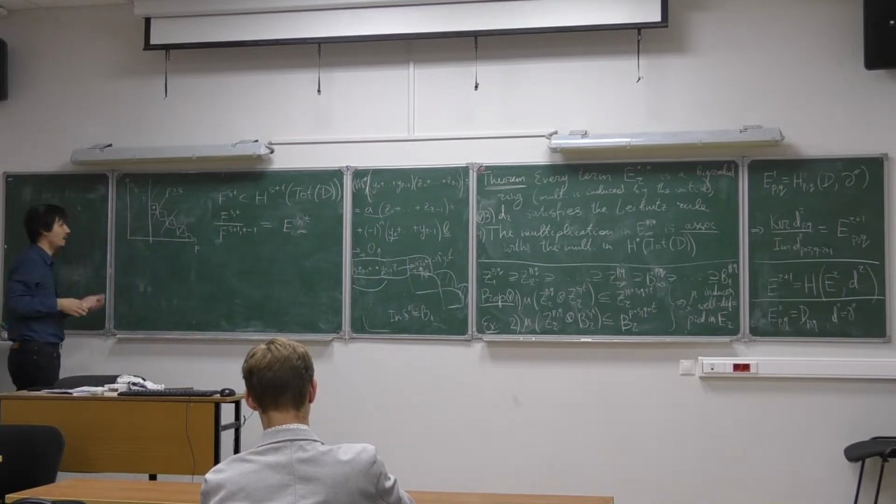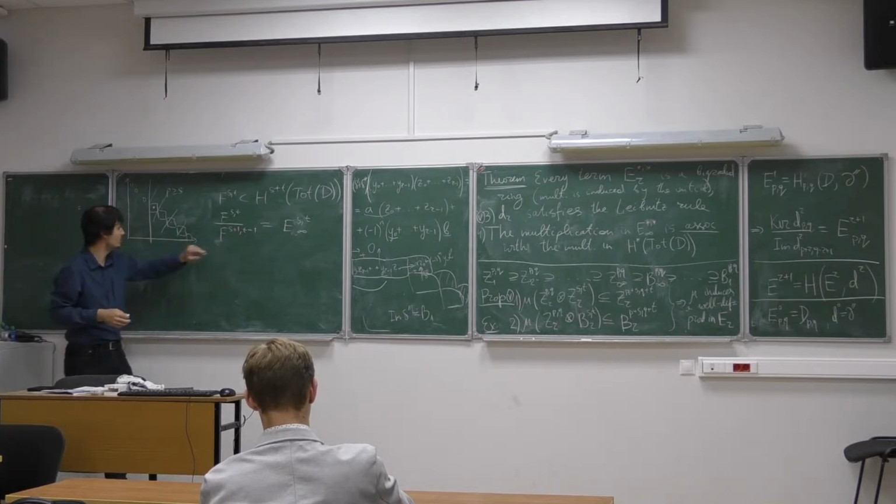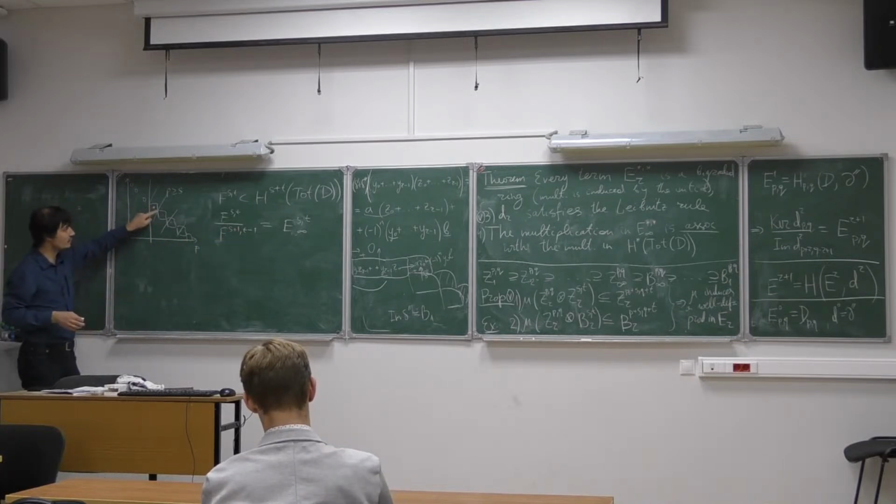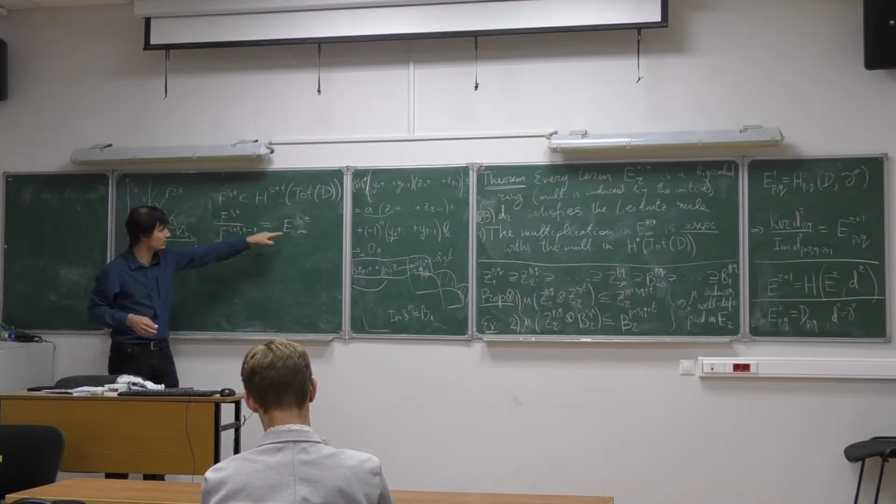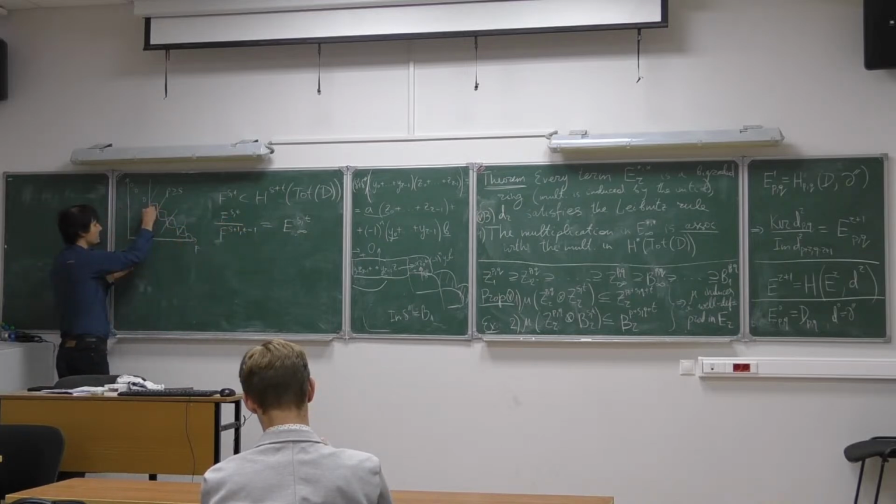And as in homological case, the mapping from here to here, taking the quotient, is just taking this entry.